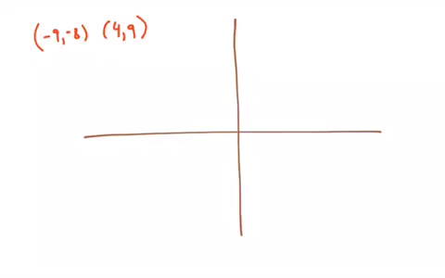Okay. I do, however, want to suggest another method. If you do forget the formula, another way to approach this is to say, well, hey, look, 1, 2, 3, 4, 1, 2, 3, 4, 5, 6, 7, 8, 9. So this is 4, this is 9. We can plot the point.